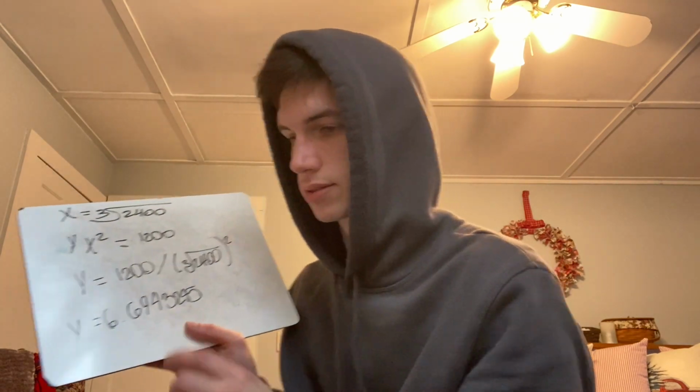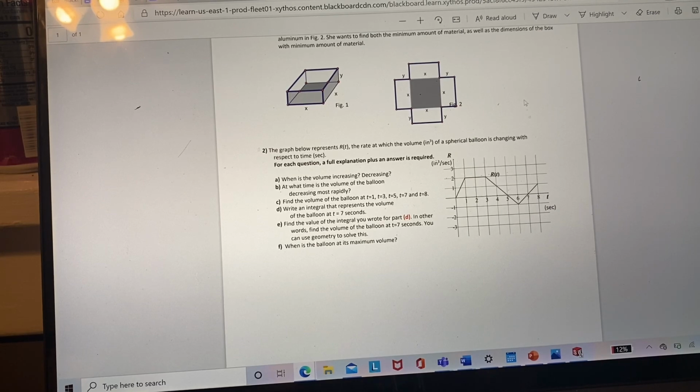For question 2, it states the graph below represents r of t, the rate at which the volume in cubic inches of a spherical balloon is changing with respect to time. For part A, it is asking when is the volume increasing and when is it decreasing.